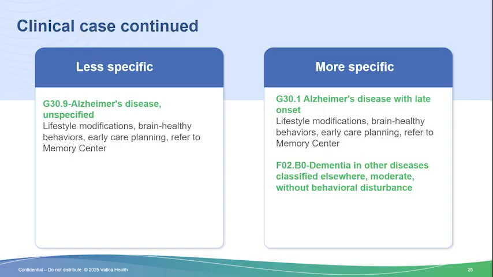The first diagnosis, G30.9, Alzheimer's disease unspecified, is less specific, and there's no code to describe the manifestation. A more specific diagnosis is G30.1 for Alzheimer's disease with late onset, and F02.B0, dementia in other diseases classified elsewhere, moderate, without behavioral disturbance.